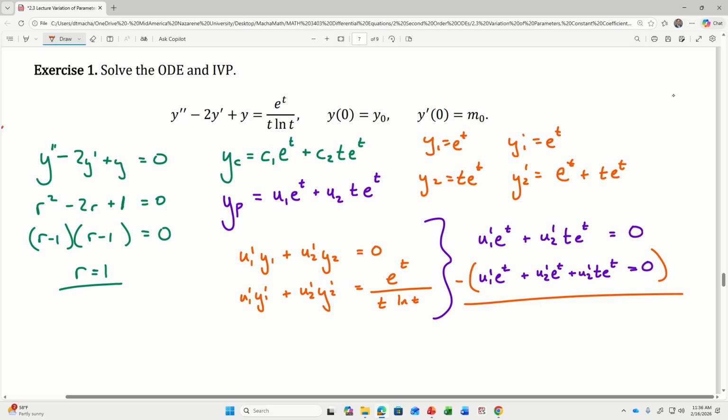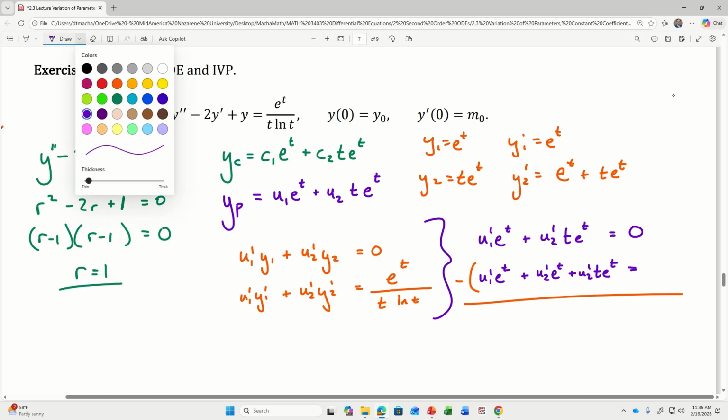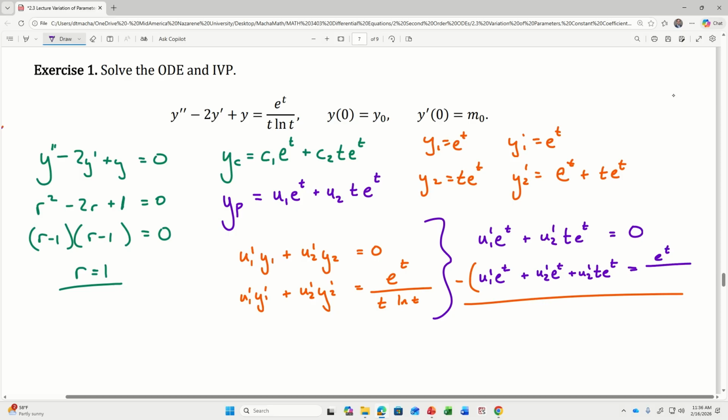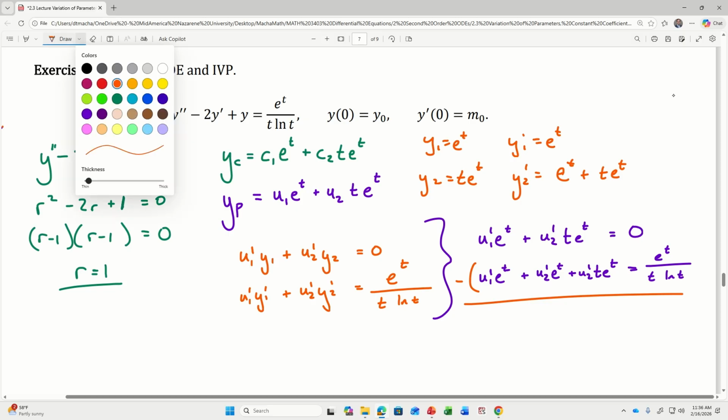So first equation minus second equation is going to be, well, those cancel. Those cancel. It'll be, oh, sorry, that shouldn't be equal to 0. Now we're ready to subtract.